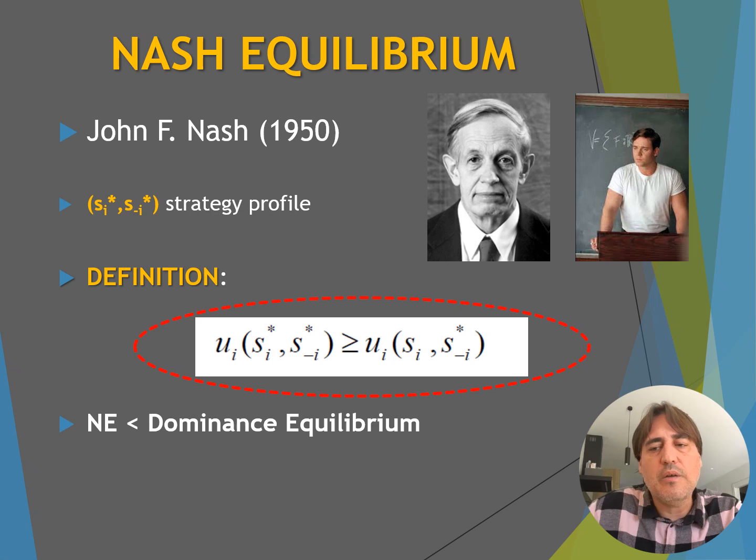However, a Nash equilibrium does not necessarily imply the existence of dominant strategies. For instance, the Nash equilibria in the Battle of the Sexes or in the chicken game, that we will see in depth in following videos, are not equilibria in dominant strategies, as there are no dominant strategies in those games.